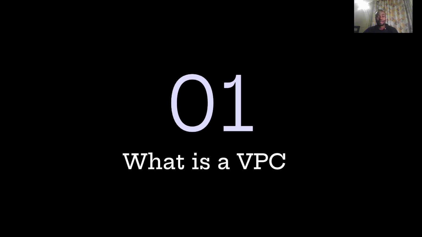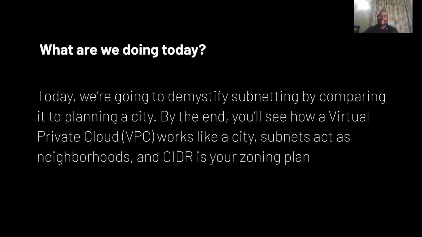Moving on swiftly, we move to our first stop, which is what is a VPC. Ideally, our VPC is an isolated place or environment in our network, which is quite interesting, where you can host your AWS services.